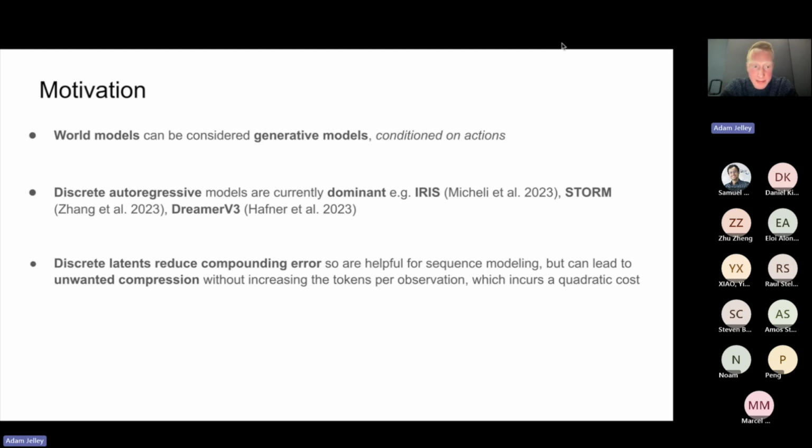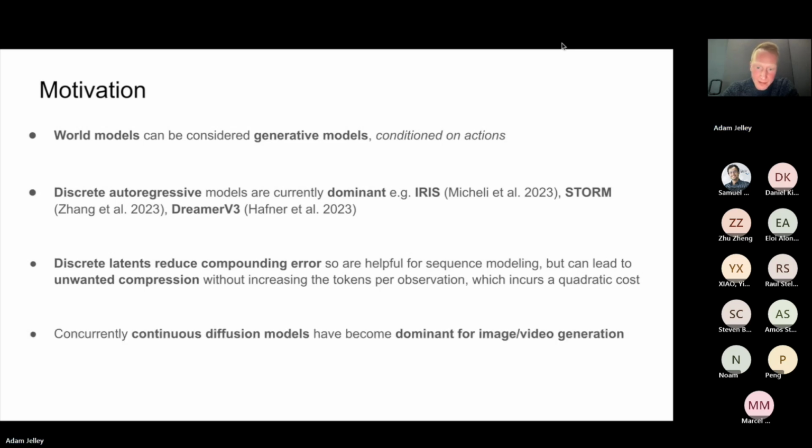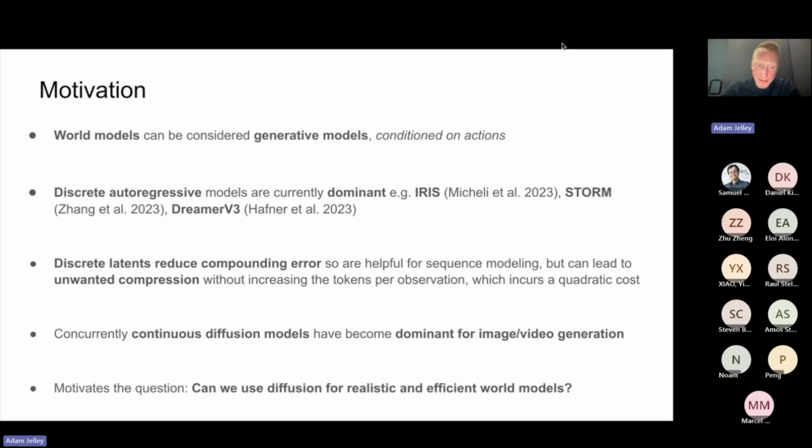But the downside is that the unwanted compression into discrete latents can mean that you need to increase the tokens per observation in order to accurately model images, which incurs a quadratic cost in the number of tokens. Concurrently, continuous diffusion models have become dominant for image and video generation. And this motivated the question of whether we could use diffusion for realistic and efficient world models.